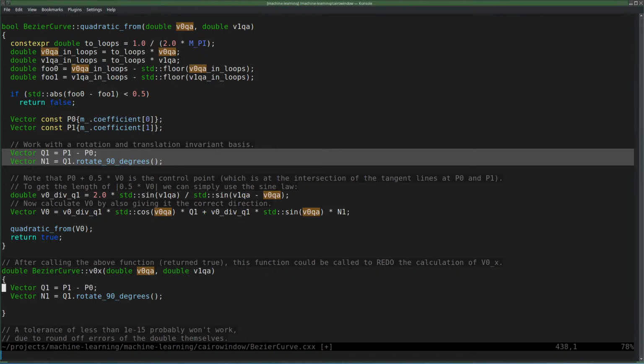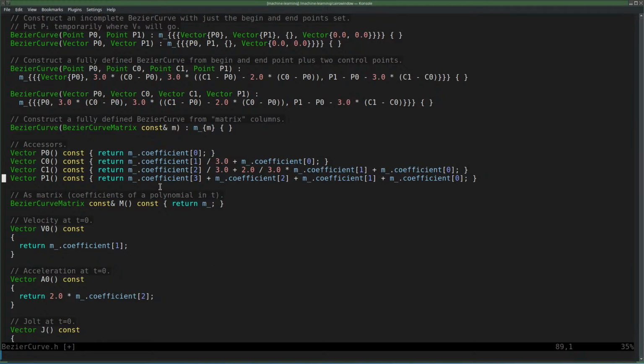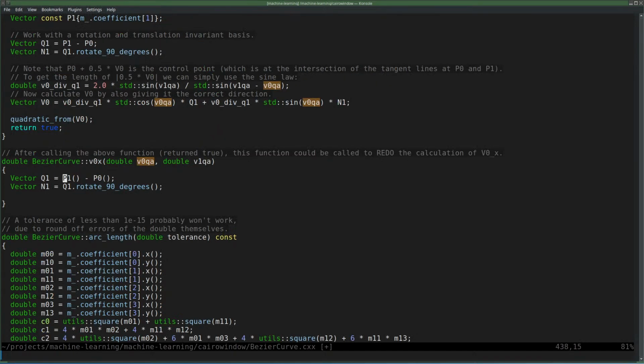Where P1 is now, I can now call the functions of that, right? So P1 returns this. That should be P1. And then I can return the x coordinate of this whole thing.